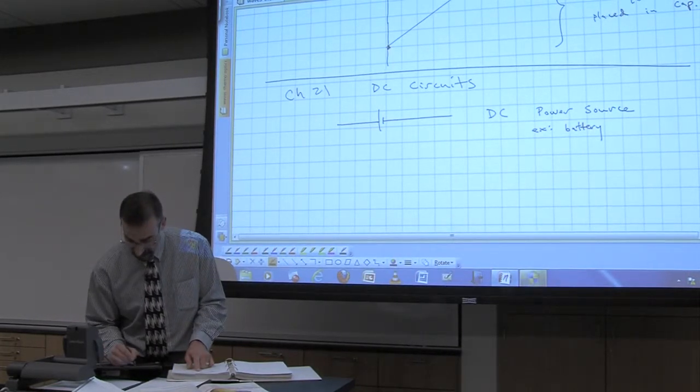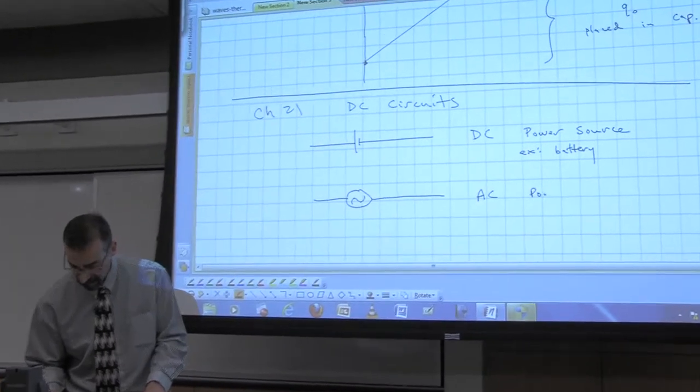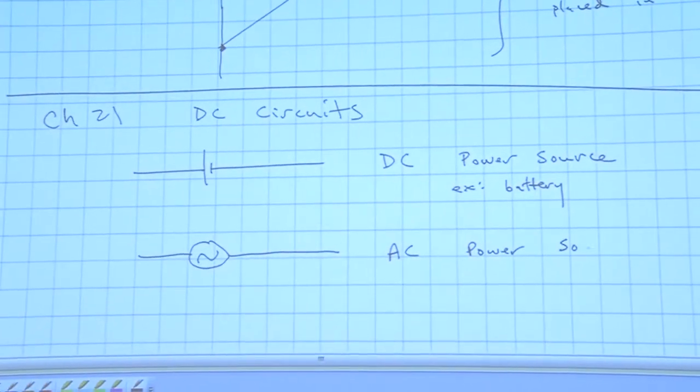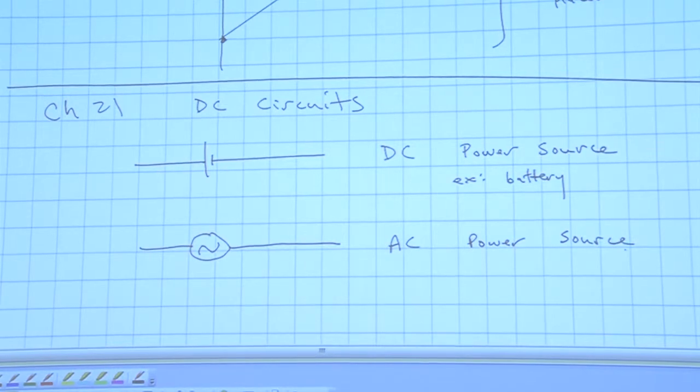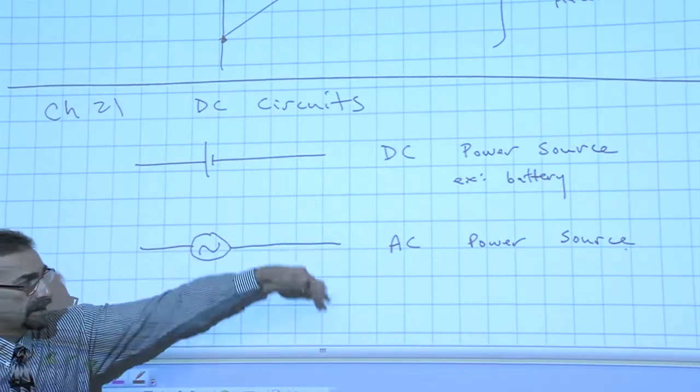An AC power source, we draw it sort of like a little sine wave in here because that's what's happening to the voltage. It is varying like a sine wave, up and down, up and down.